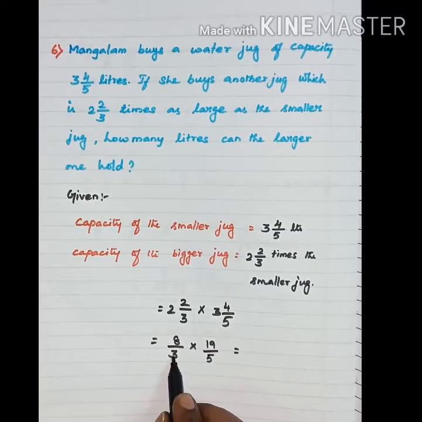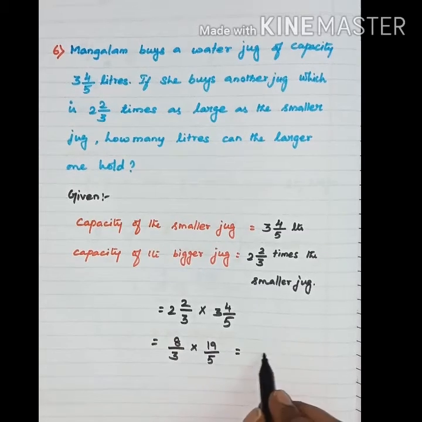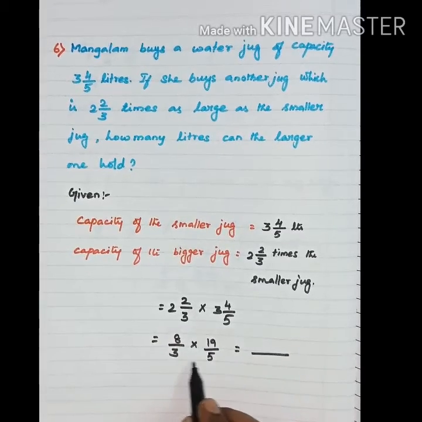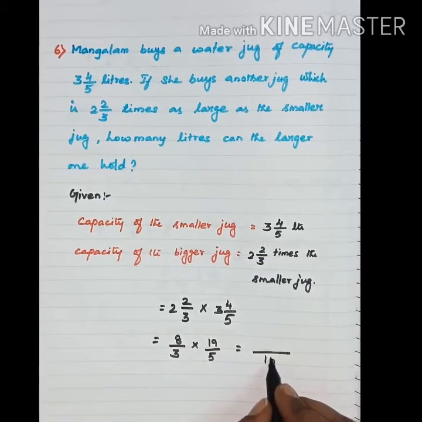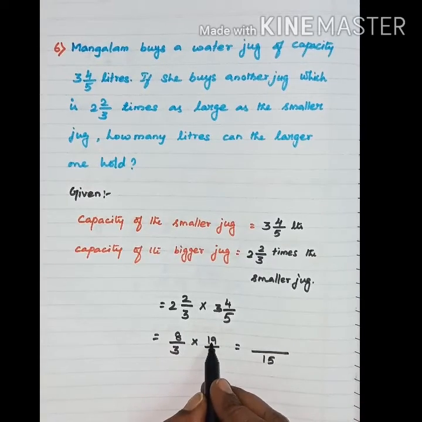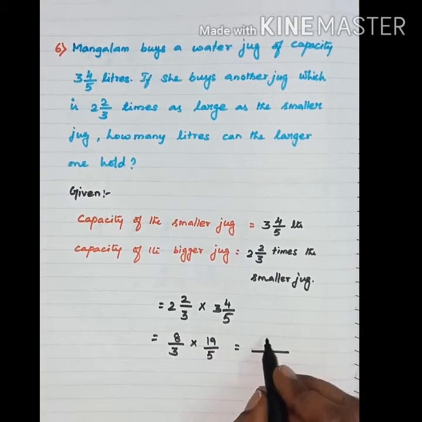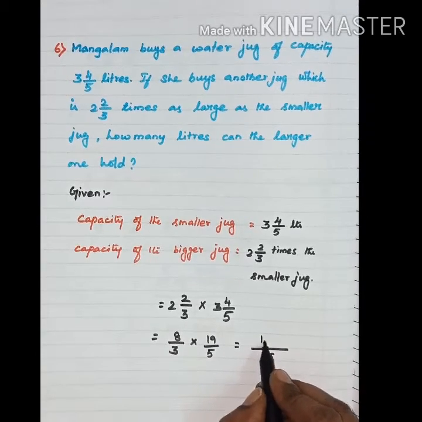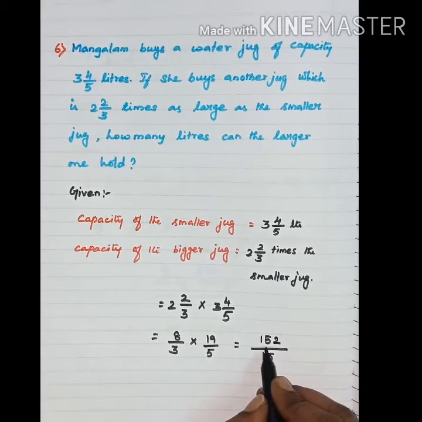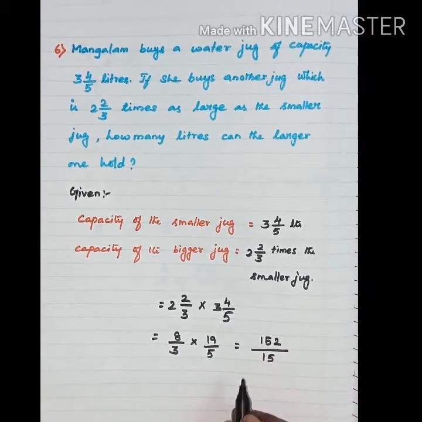Numerator multiplication, denominator multiplication. 3 5s are 15. 8 into 19, the value is 152.